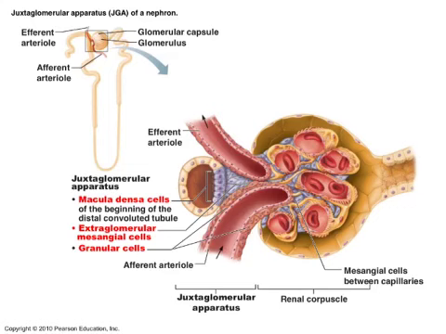Now, in previous diagrams of the nephron, we've shown the nephron all stretched out in a nice linear fashion, but the nephron actually turns back in on itself, so that the arteriole leading into the glomerulus is nestled right up against the distal convoluted tubule.